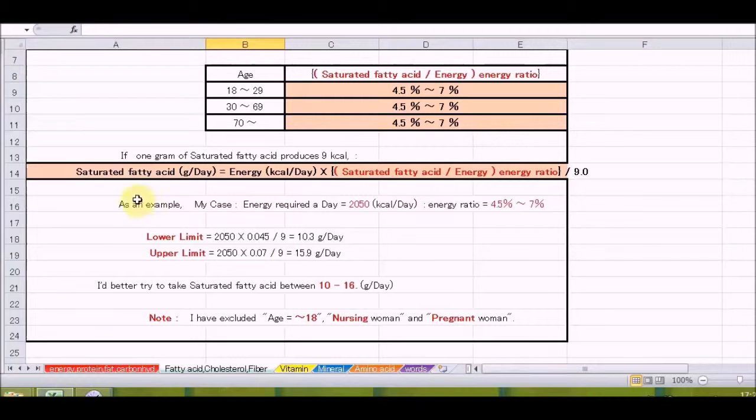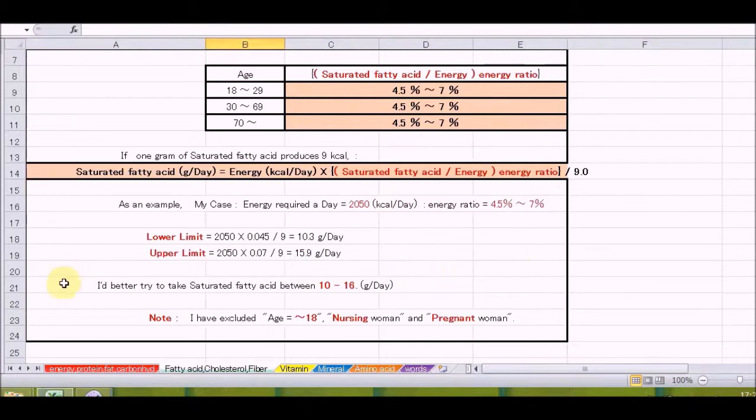For example, in my case, energy required a day 2050, and energy ratio 4.5 to 7, and so lower limit is 10.3, upper limit 15.9.